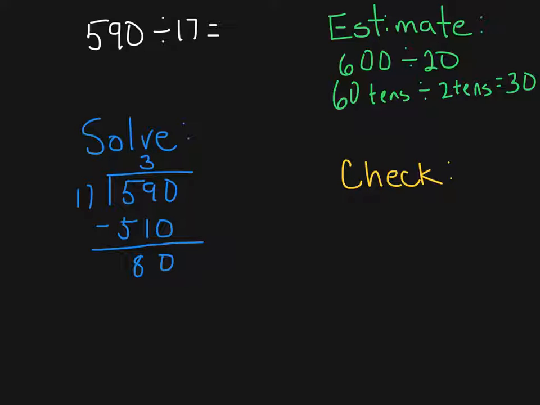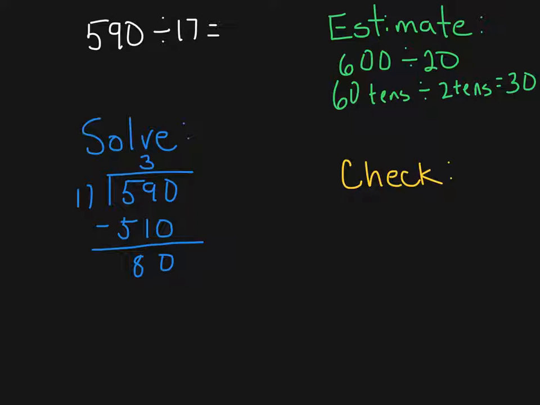It looks like right now my remainder is larger than 17, but I want you to remember that we're working with tens, and I have only 8 tens left. I do not have 17 tens. I have only 8 tens left over, so that means that this is not too large, and it's okay to move on to the next step.